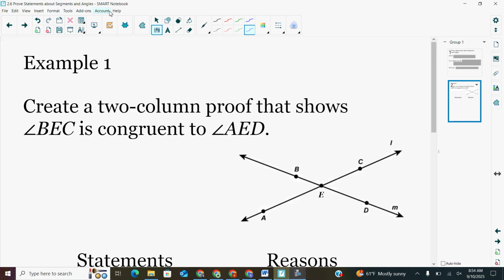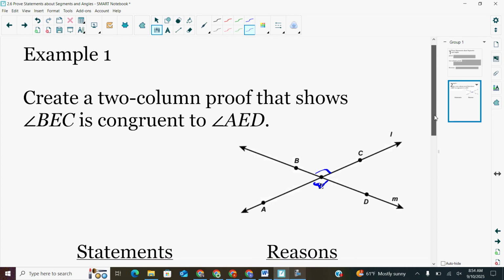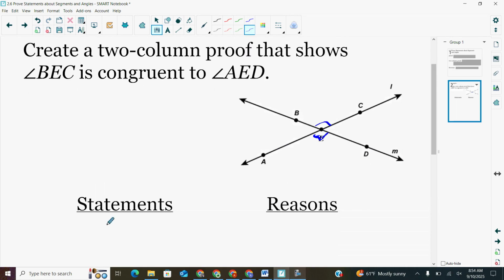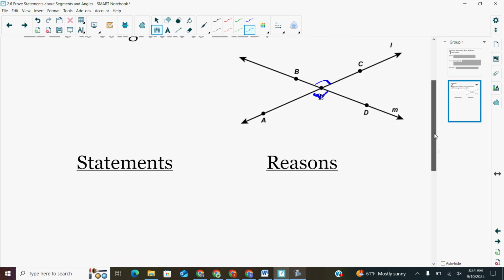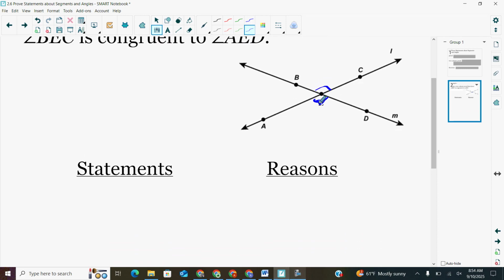So we're trying to prove that angle BEC and AED are congruent. In a 2-column proof, we're going to make a list of statements as well as give their corresponding reasons. So we want to show these are true.